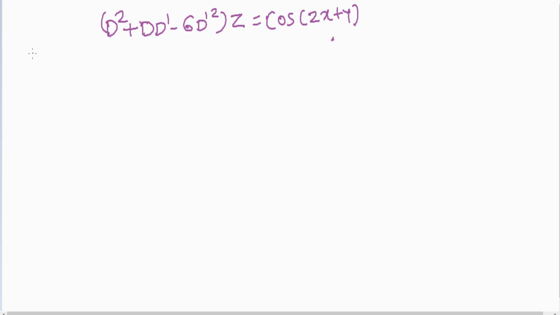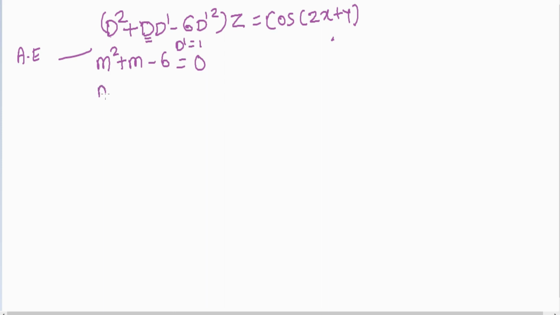Let us find the complementary function. The auxiliary equation is m squared plus m minus 6 equal to 0, with D dash equal to 1.